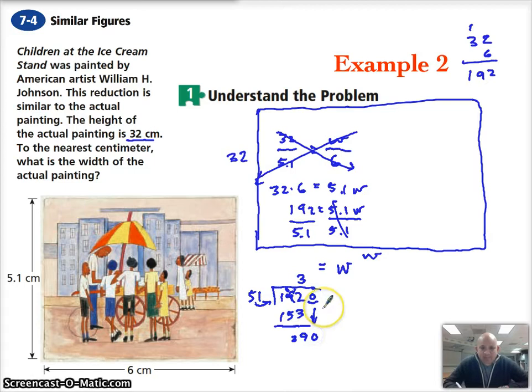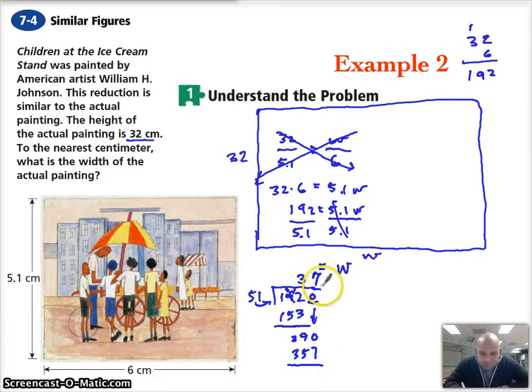How many 51s in 390? I'll say 5 at this point. Actually 6, isn't it? 6 or 7. So let me go up to 7. 7 times 1 is 7. 7 times 5 is 35.